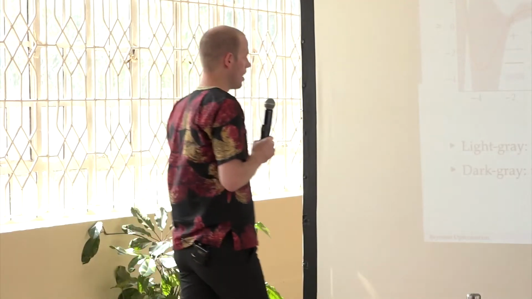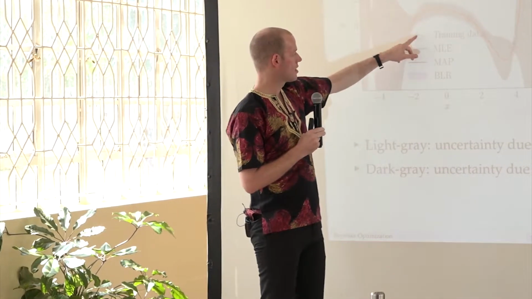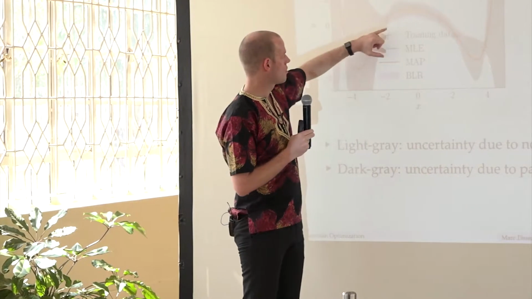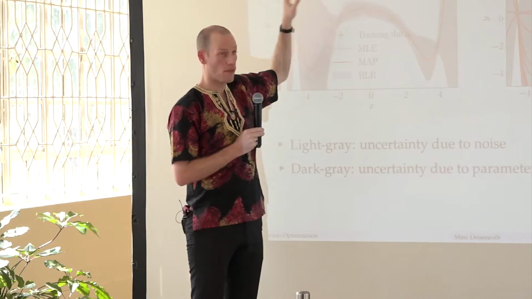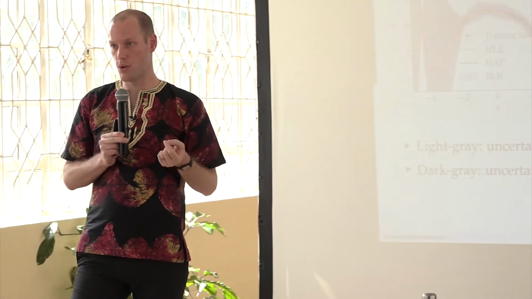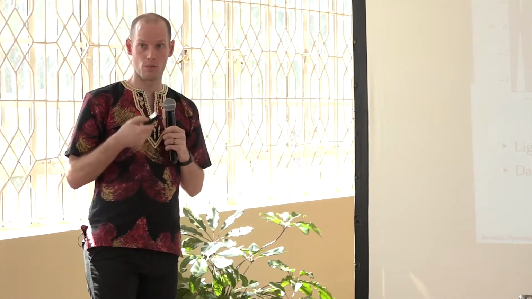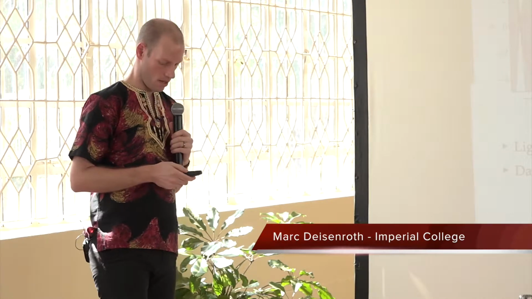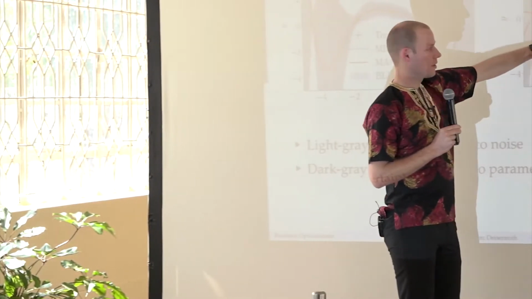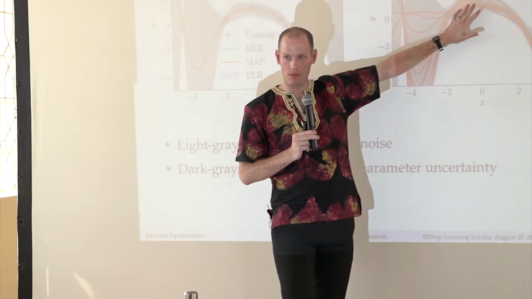So I try to highlight how much noise contribution there is. If you look carefully, or if you look later at the slides, you'll see there's a light gray shaded area. That's the noise distribution, but this is only a little bit here. Everything else, all the other uncertainty, comes straight from the distribution on the parameters. On the right side, I'm plotting functions which are plausible under the posterior distribution on the parameters.